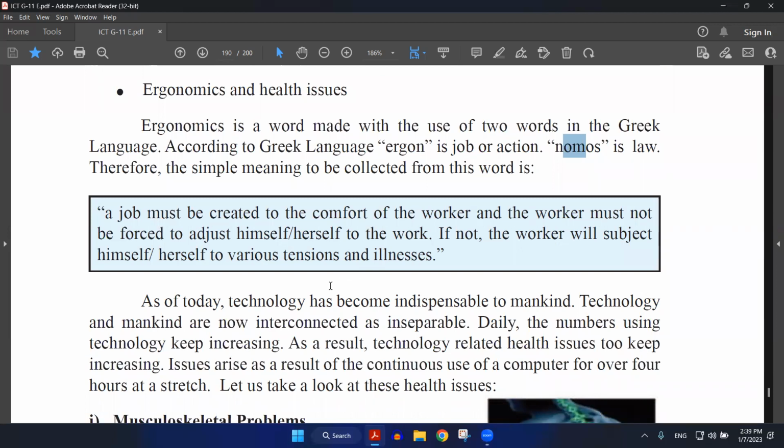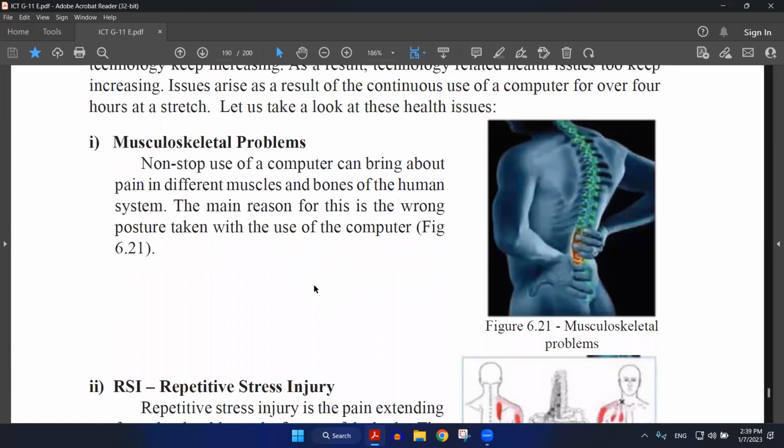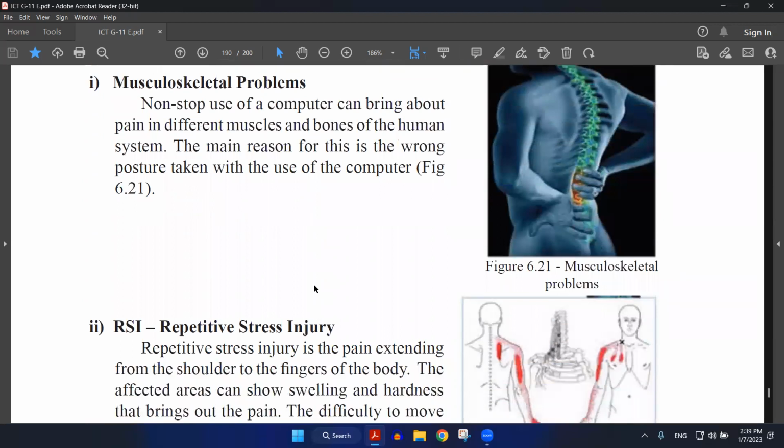So it's better we get to know how we are going to interact with the computer, in which way we can keep our health in good condition when dealing with ICT, right? The very first problem is called the musculoskeletal problem. It happens because you are sitting in one particular position, in one particular way, for a long time.